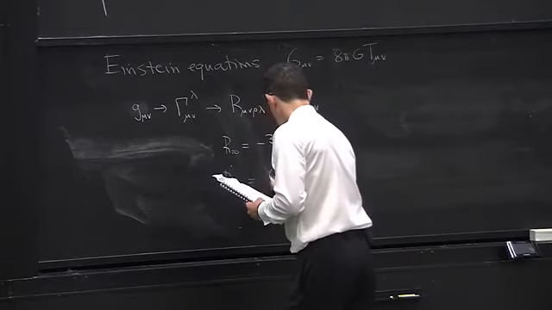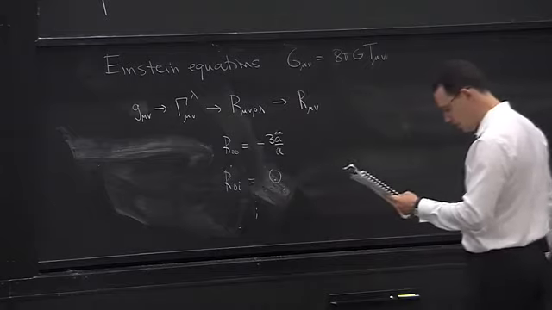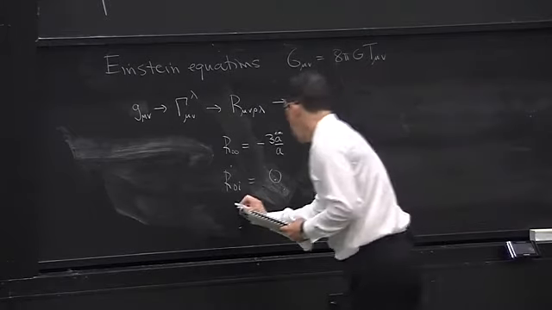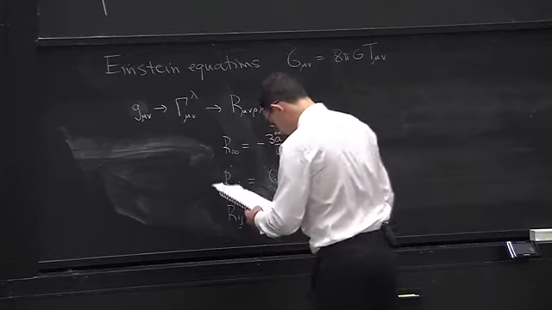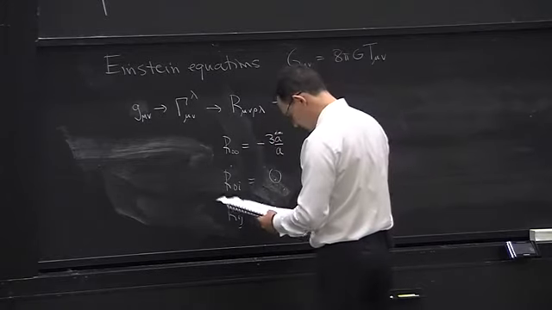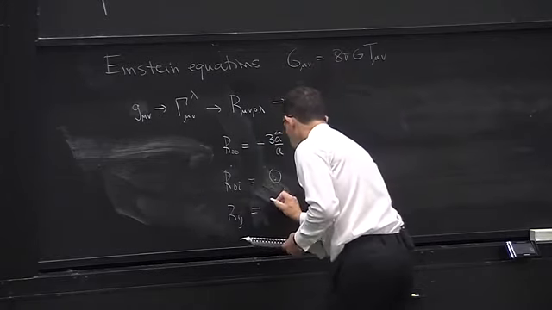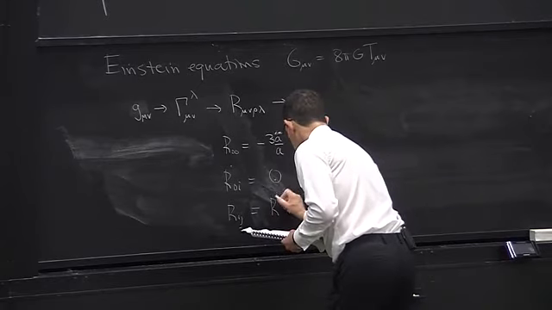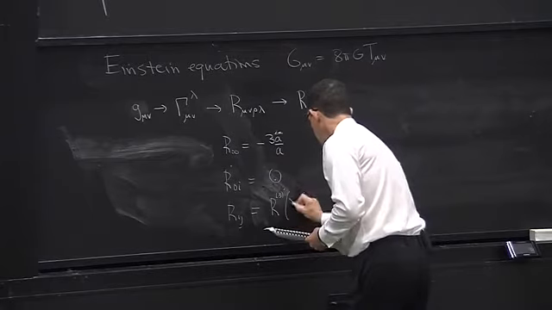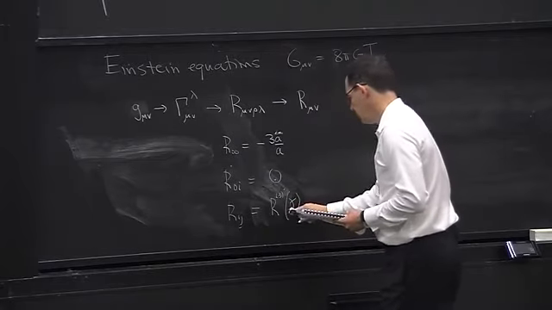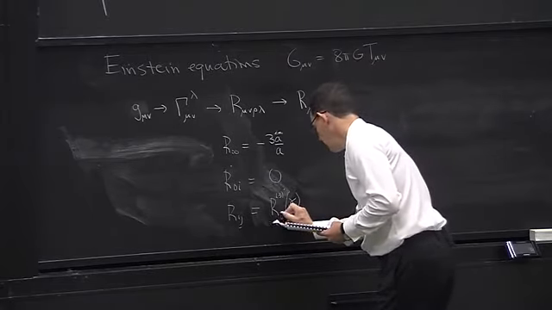R0i equals 0. Of course, it has to be by isotropy. And then Rij, again, must involve two derivatives of the metric. It turns out that Rij is just R3, the three-dimensional Ricci curvature, as a function of the three-dimensional metric gamma ij.